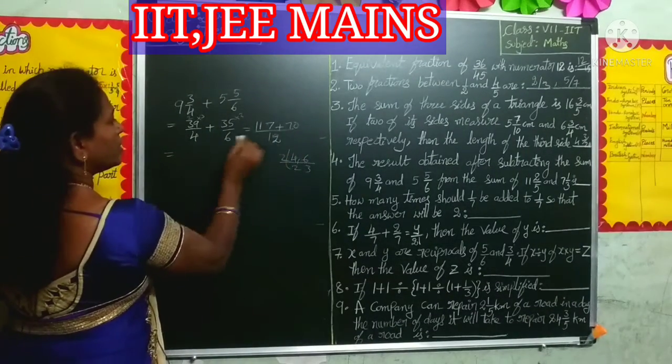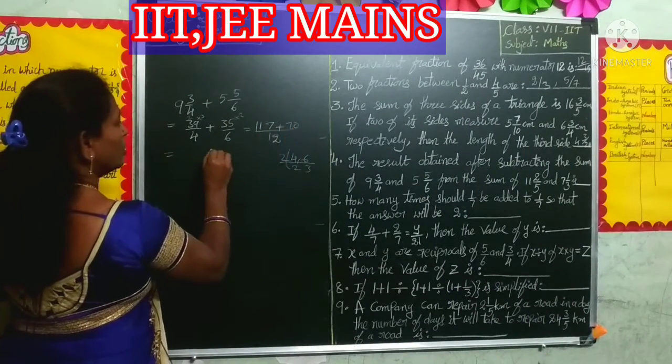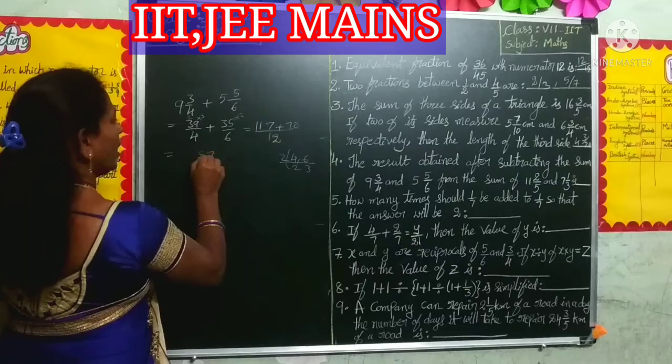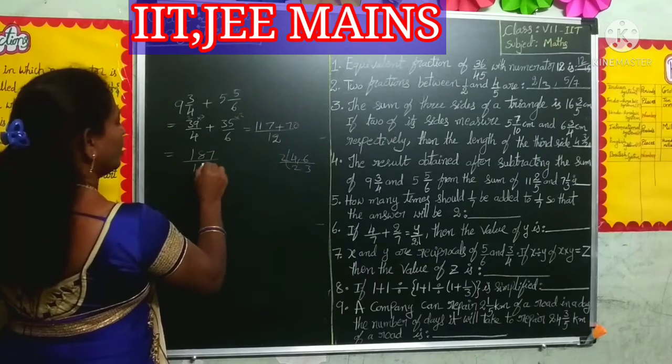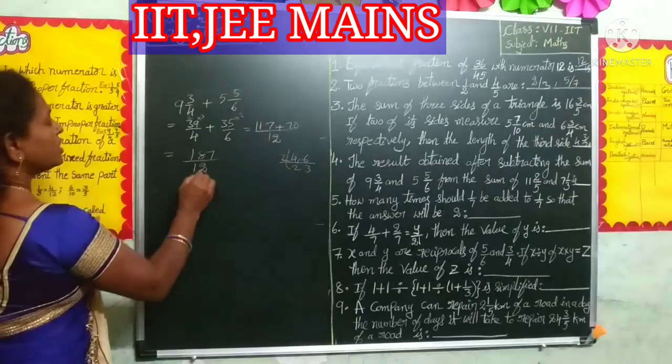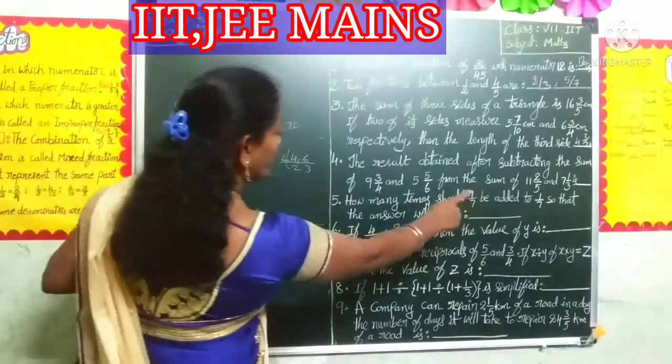Now add: 7 plus 0 is 7, 1 plus 7 is 8, and 1 by 12.